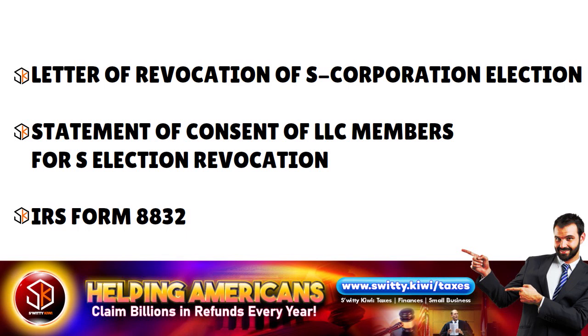I'll explain every item in detail, but I just wanted to make sure, once again: a letter of revocation of S corporation election, a statement of consent of LLC members for S election revocation, and IRS Form 8832.